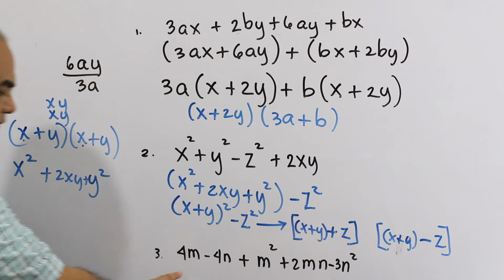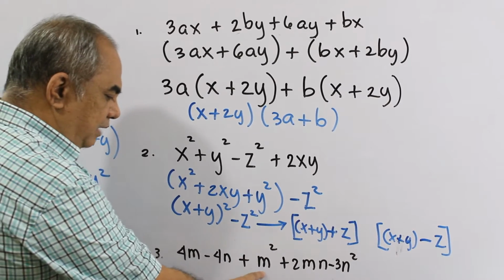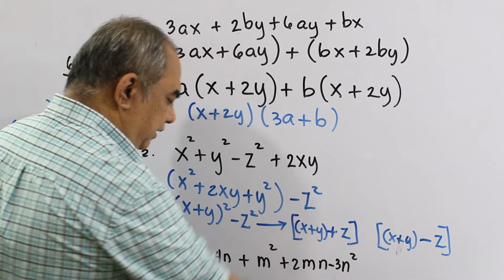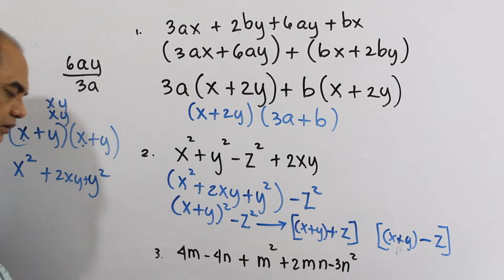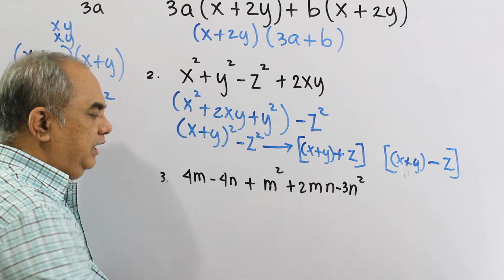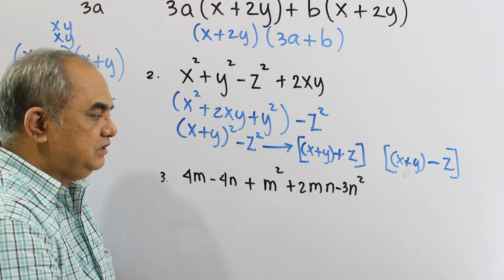Finally, we have an example like 4m minus 4n plus m squared plus 2mn minus 3n squared. Notice that this can obviously be factored using a common monomial. So for number 3, we have the expression 4m minus 4n plus m squared plus 2mn minus 3n squared.